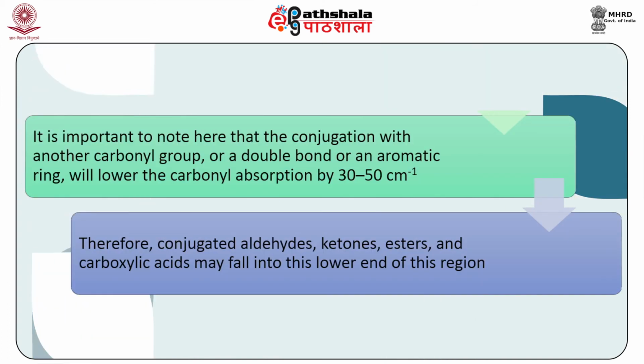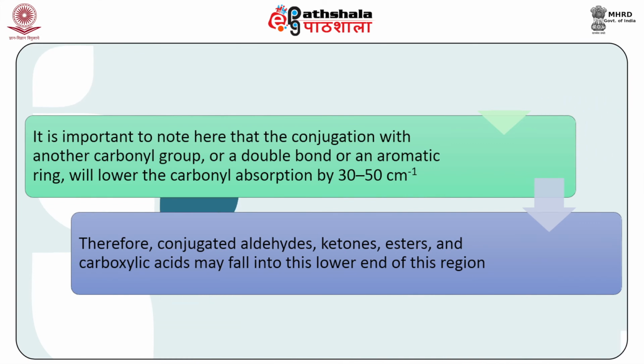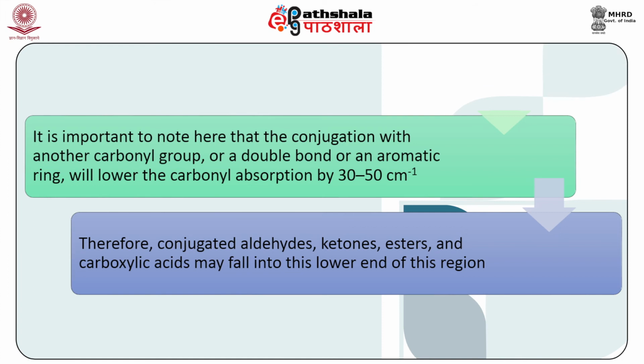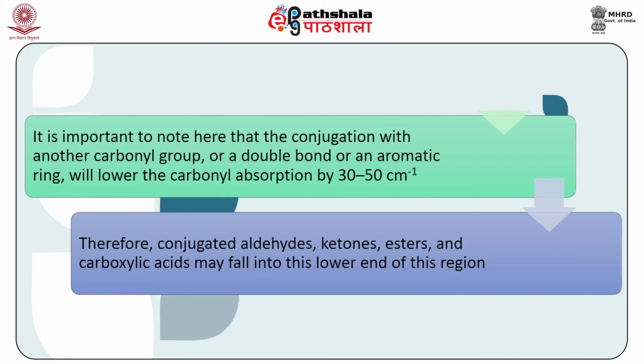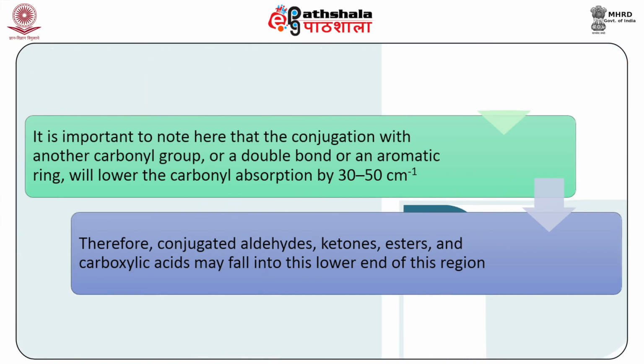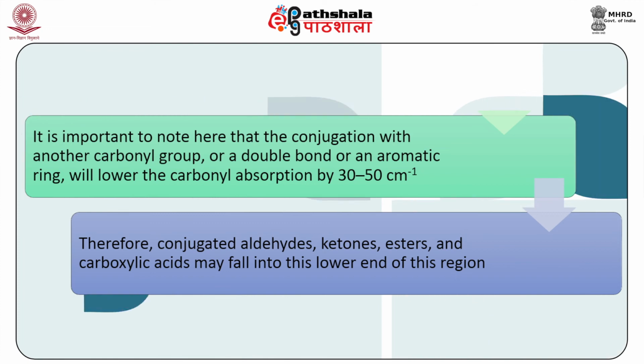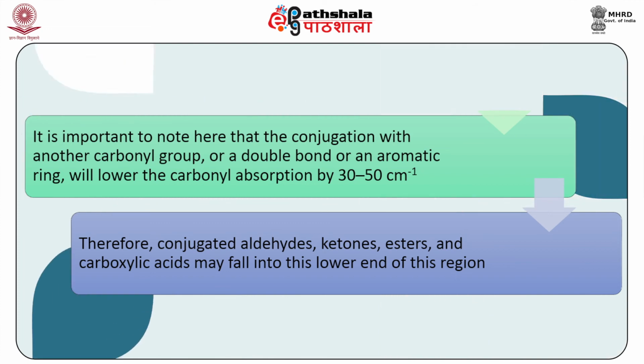It is important to note here, students, that conjugation with another carbonyl group or a double bond, or say an aromatic ring, will lower the carbonyl absorption by only 30 to 50 cm⁻¹, but that is also enough to let you distinguish that.